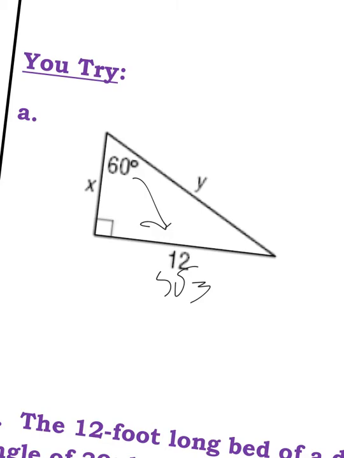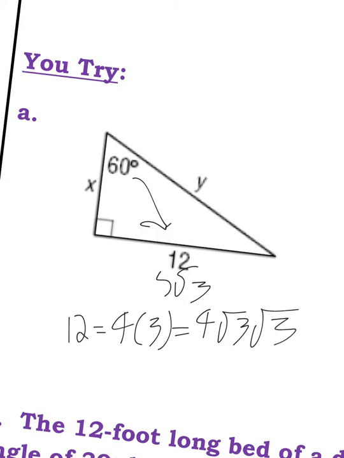So 12 is going to equal 4 times 3, which is 4 square root 3 times square root 3. In other words, I'm making 12 look like the s square root 3 side, like the definition. So there's my s, that's the extra radical 3. So s is 4 radical 3.